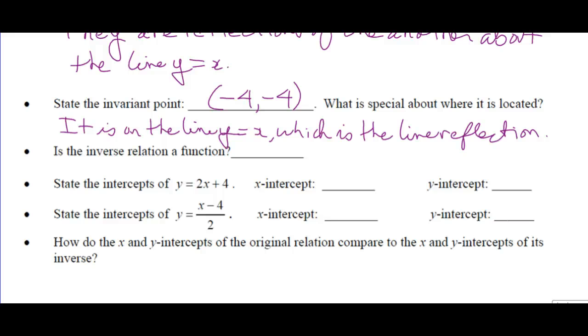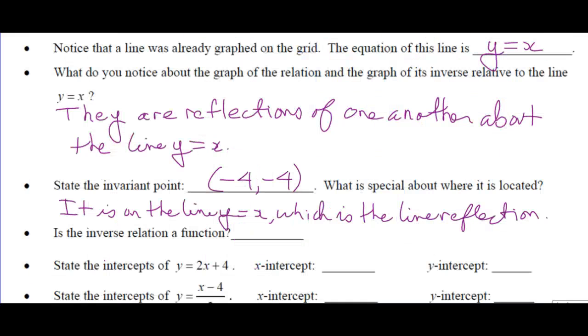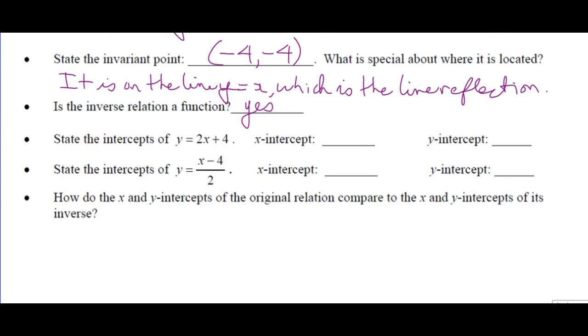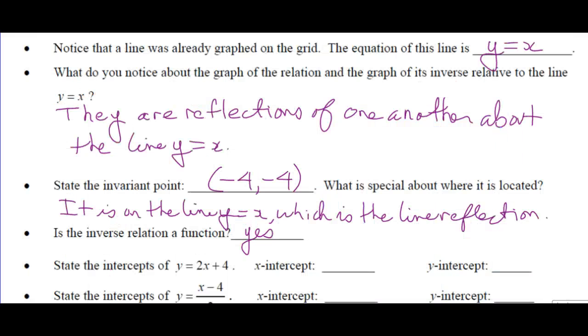Is the inverse relation also a function? So the green line, yeah, yes it is. State the intercepts of y equals 2x plus 4. What's the x-intercept? Negative 2. What's the y-intercept? 4.